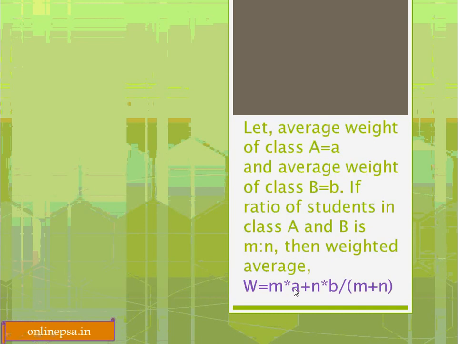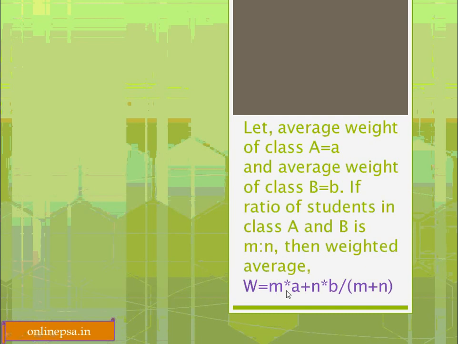M into A will be the total weight of class A, and N into B will be the total weight of class B. Total number of observation or total sum of weight is given as M plus N.